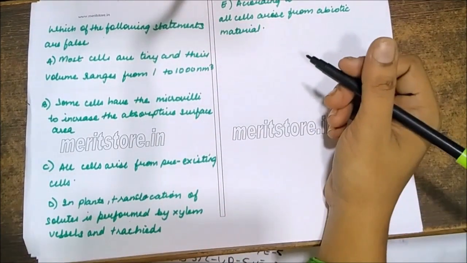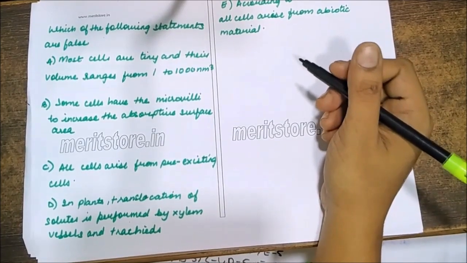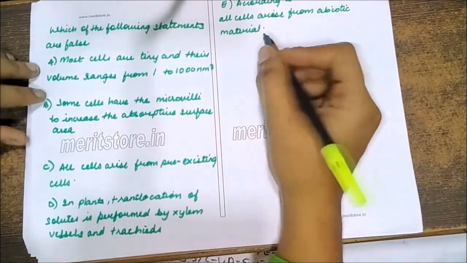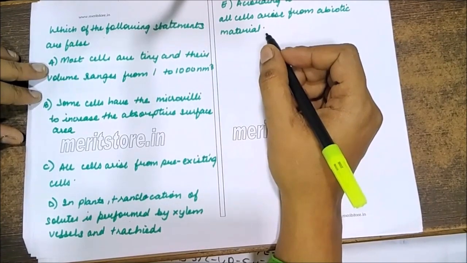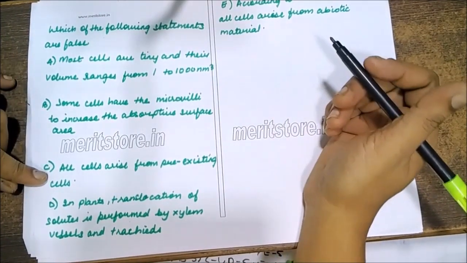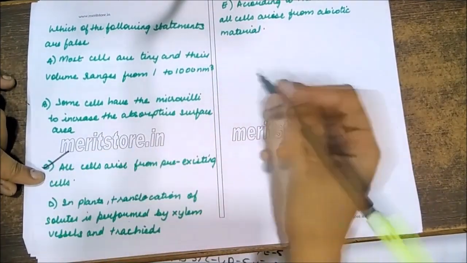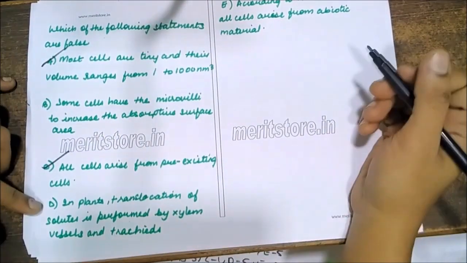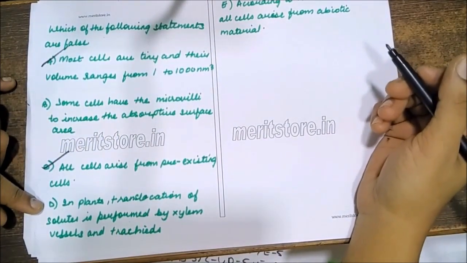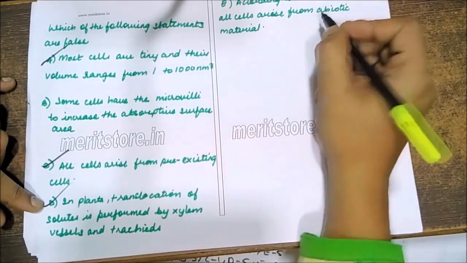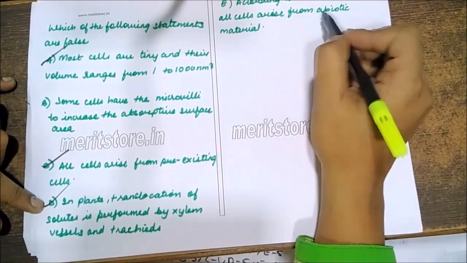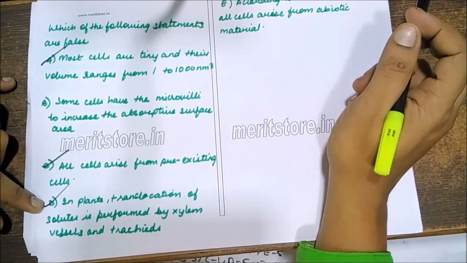Which of the following statements are false? Most cells are tiny and their volume ranges from 1 to 1000 nanometer is a correct statement. All cells arise from pre-existing cell. Yes, this is also correct. In plant, translocation of solutes is performed by xylem vessel and tracheids is correct. According to the cell theory, cells arise from abiotic material.